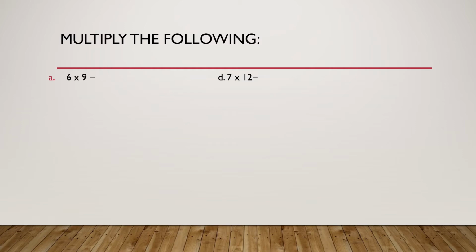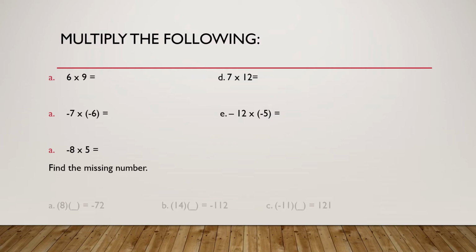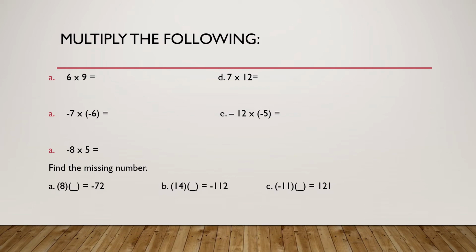Okay, we have 6 times 9, and 7 times 12. 6 times 9 equals what? 54, right? Okay. 7 times 12.